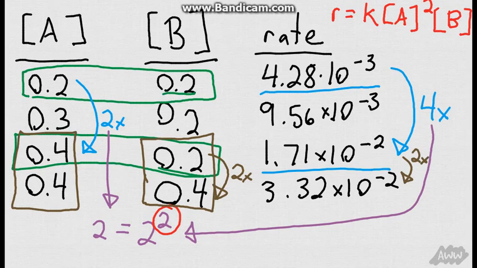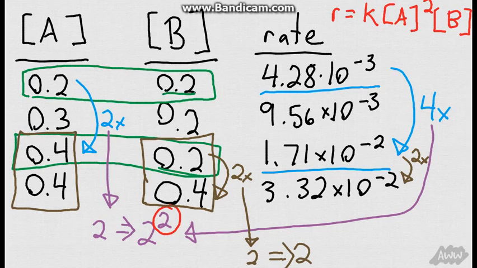So since these have both doubled, we say 2, and I'm sorry, this is not obviously equal to 2, but it's 2 to the second power. That's the important part. So we doubled here, and it's going to tell us how our rate changed over here.